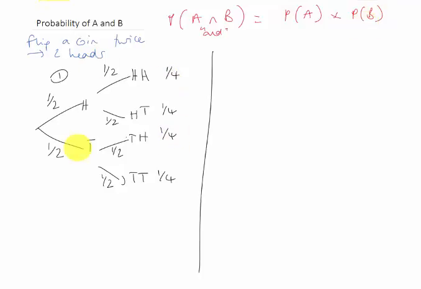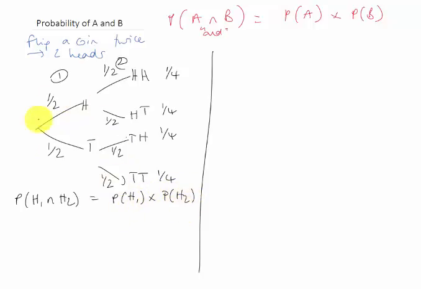So if we translate this into that same notation, so this is the first flip, the second flip, the probability of flipping heads on the first one and heads on the second one is equal to the probability of heads on the first times the probability of heads on the second.